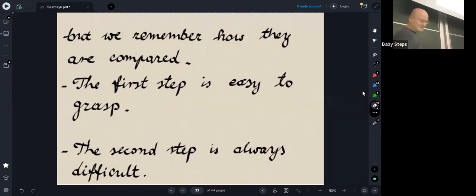So the first step is easy to grasp, because it is very intuitive to regard things which are equivalent from some point of view to be equal. But the second step, keeping track of the way of comparison between these objects, is quite tricky.